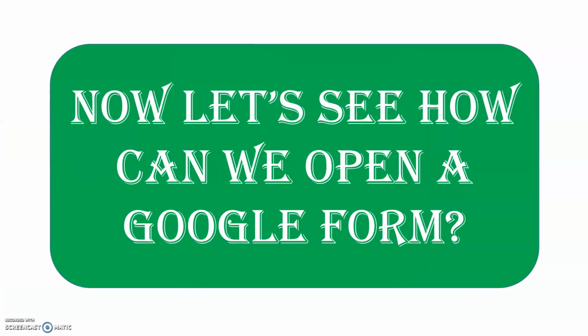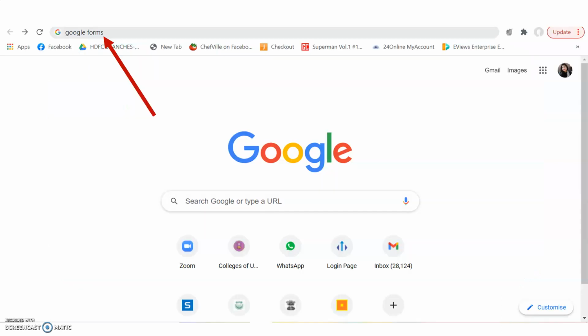Now moving on to the next step, let us see how you can open a Google form. There are two ways to go to Google form. The first method is to open Google Chrome, Internet Explorer or Mozilla Firefox and type Google form in the address bar.